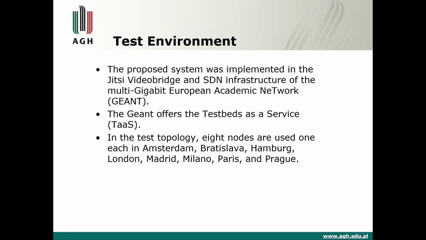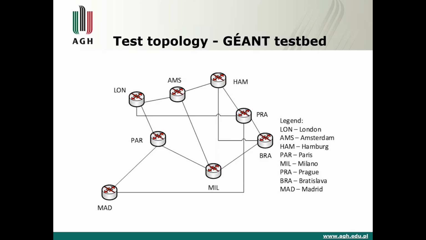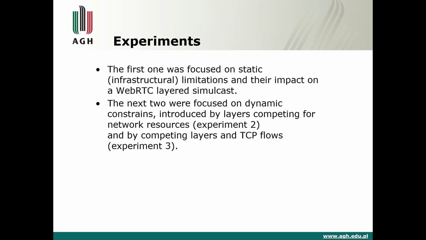We have 3 versions of experiments. The first is an experiment with static limitations of each link and each path from the sender to the receiver, and the system must fit to the current state of this network.